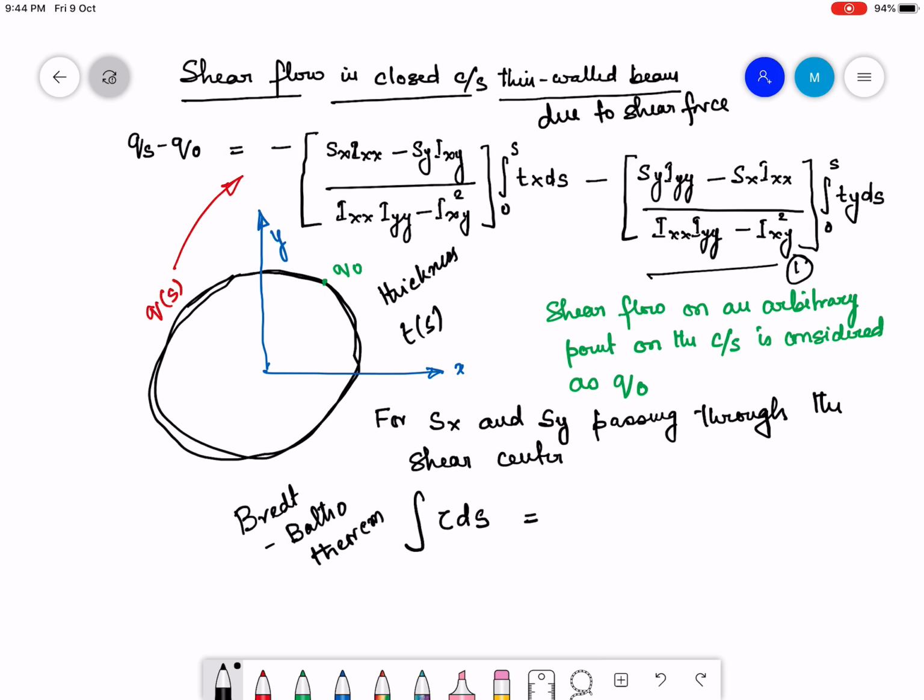Therefore the integral of tau ds is going to be equal to 0, which is basically 2GAθ. I will write it this way: 2GAθ, and θ, which is the rate of twist, is equal to 0 as Sx and Sy pass through the shear center.